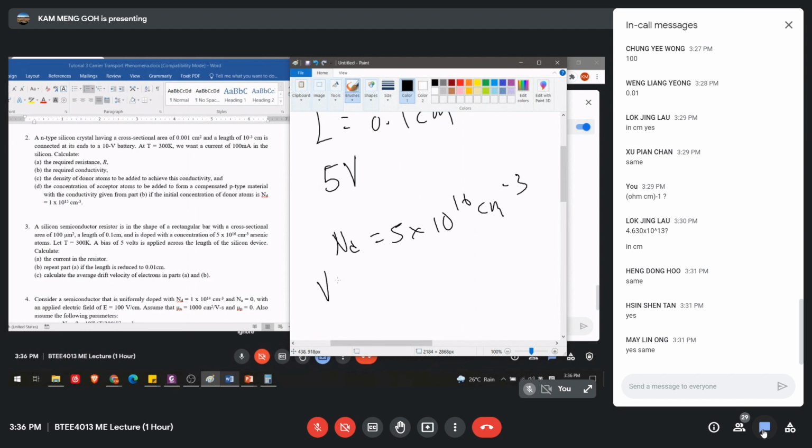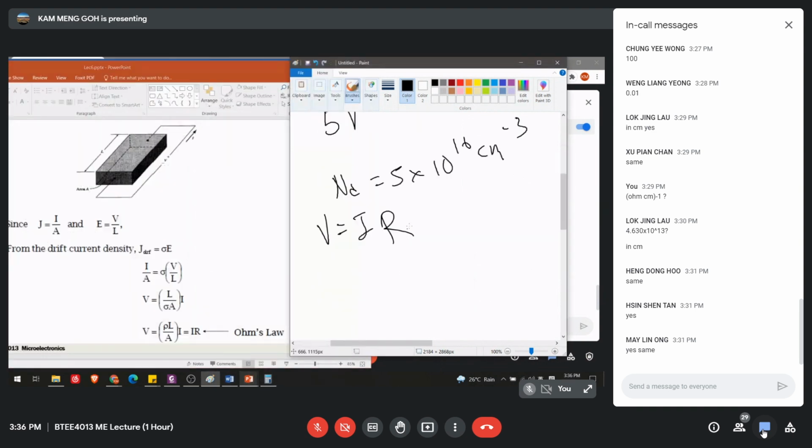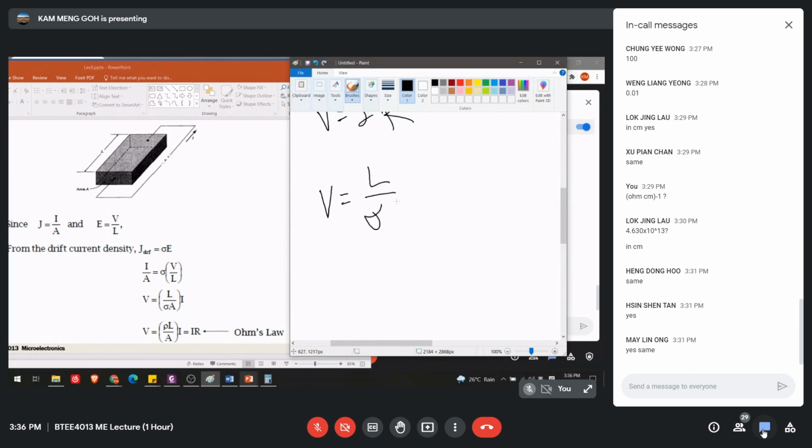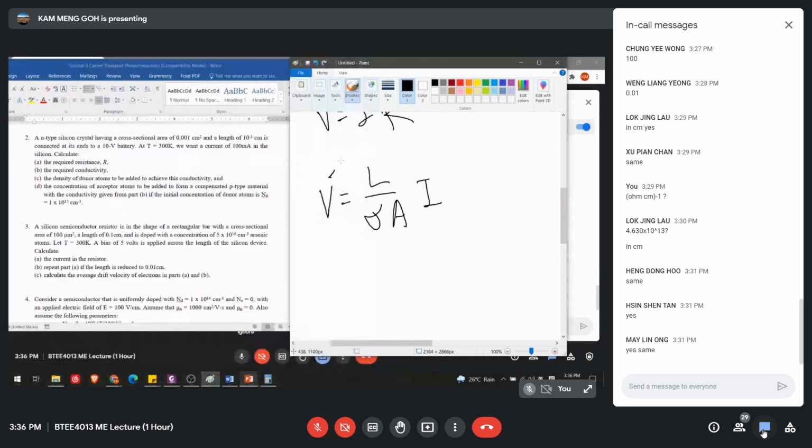Okay, this one using V equals to IR, and we can also use the same formula just now. Then V equals to I, L is given, and A is given.